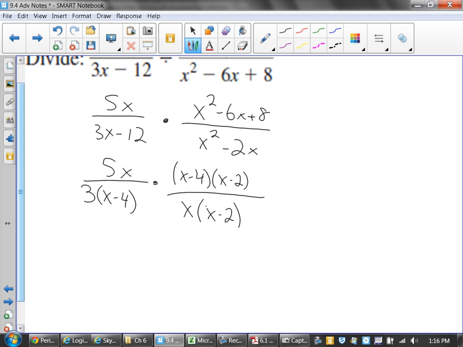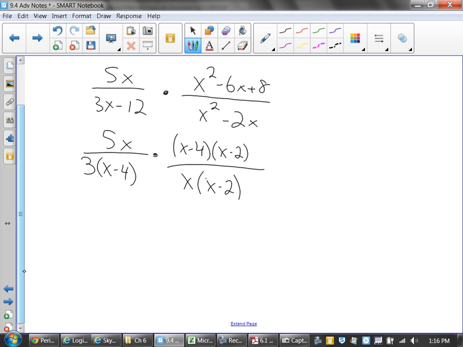And now the fun part. What drops out? The x minus 4s, x minus 2. Anything else? The x's. And there's your answer. Everything drops out except for the numbers.